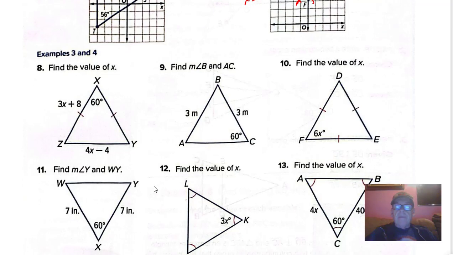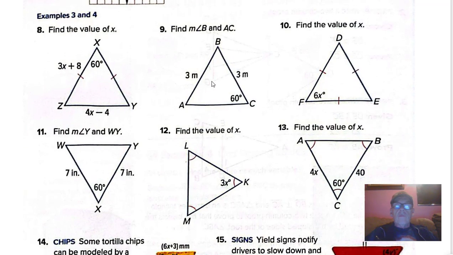Let's look at number 9. Find the measure of angle B, and find the length of AC. So AC, this piece right here, we want to find the length of that, and we want to find the measure of angle B, this angle here. So let's see what we got. This is a 60.